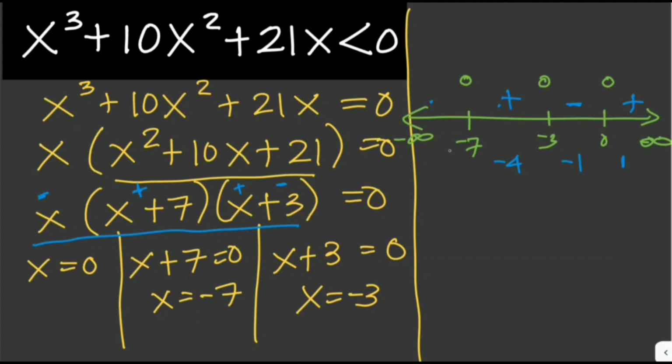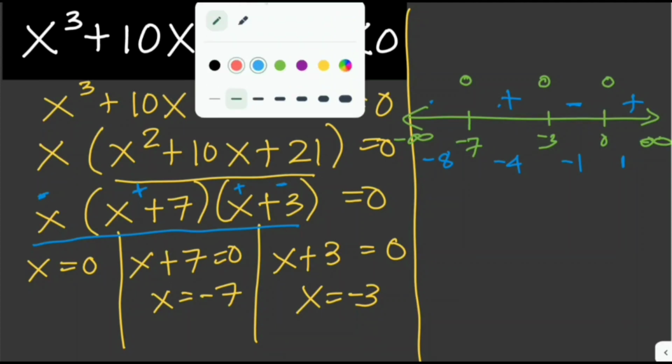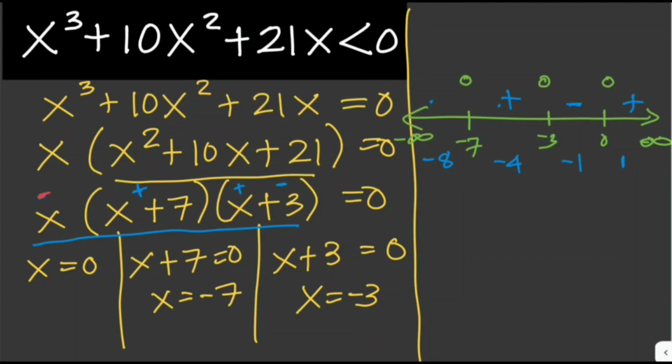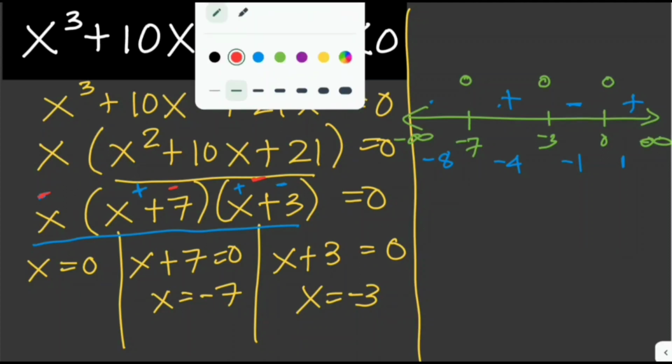So let's try one point between negative 7 and negative infinity. So let's say negative 8. So negative 8 is negative. Negative 8 plus 7 is negative. Negative 8 plus 3 is negative. So negative times negative is positive. Positive times negative is negative.